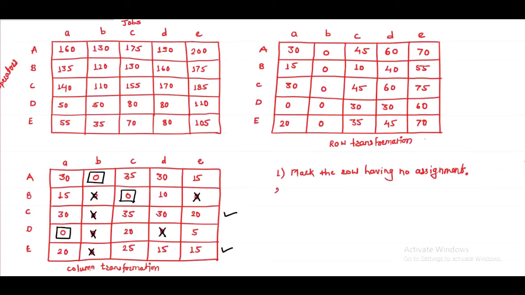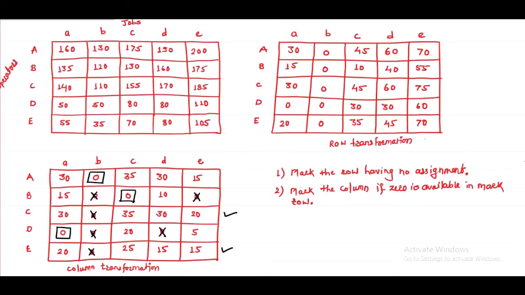Then the second step is mark the column if 0 is available in the marked row. So mark the column if 0 is available in the marked row.